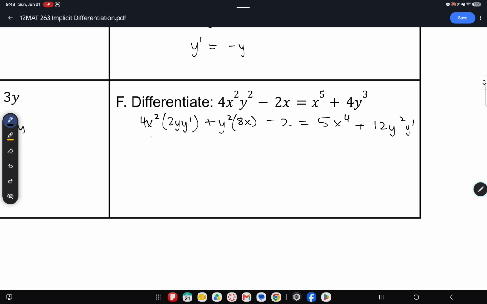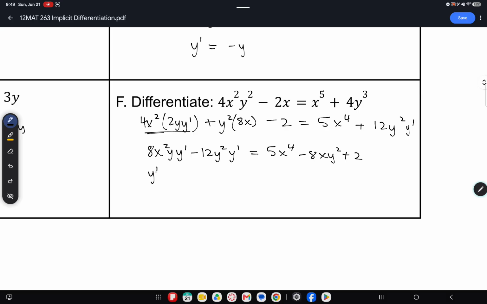So I'm going to combine some like terms here, multiply these together, make that an 8x squared y prime. And then I want to subtract 12y squared y prime over. And then I've got 5x to the 4th minus 8xy squared plus 2.